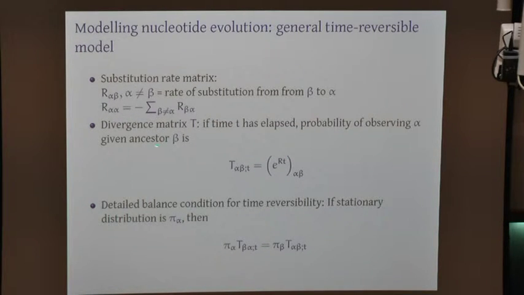So then you can define a divergence matrix: if time t has elapsed between your ancestor nucleotide and the one you observe now, then given the ancestor beta, what is the probability of observing alpha? And that is given by basically the exponential of this matrix. It's quite easy to derive. And the point is you can have multiple mutations in that time.